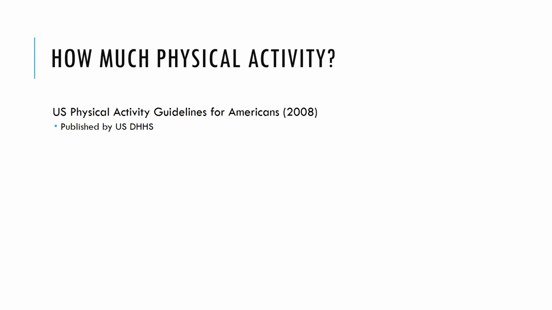So the United States government has actually come out with a recommendation on physical activity for Americans. This was published in 2008. It's called the U.S. Physical Activity Guidelines for Americans. And what it says is that the average American needs 150 minutes per week of moderate intensity physical activity or 75 minutes a week of vigorous intensity physical activity.